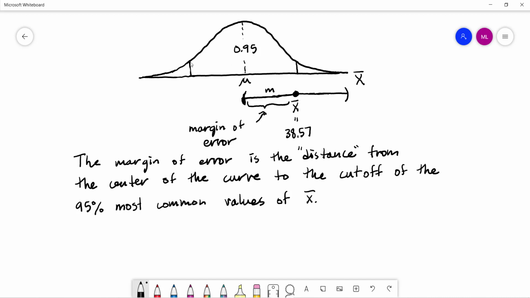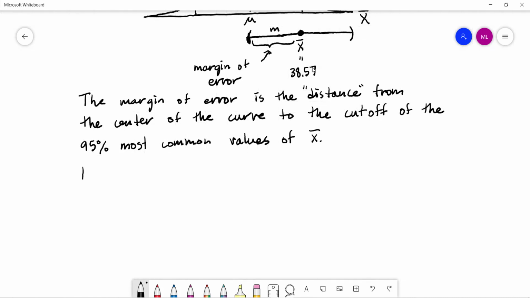It was three different numbers. Within plus or minus 1 standard deviation of the center, 68% of the data fell. And within plus or minus 2 standard deviations from the center, 95% of the data fell. And so it turns out this distance is about 2 standard deviations.